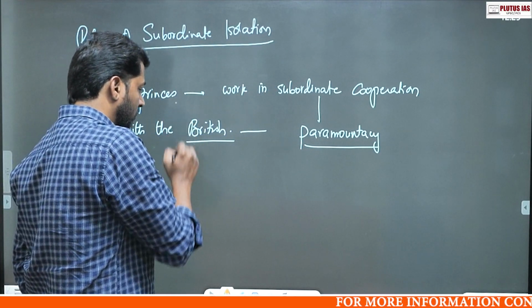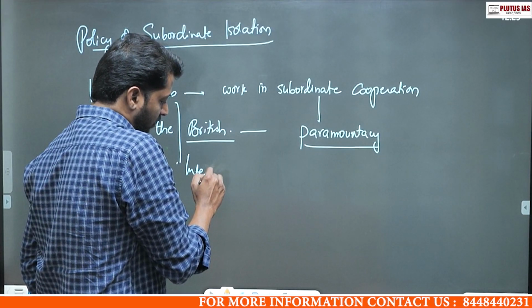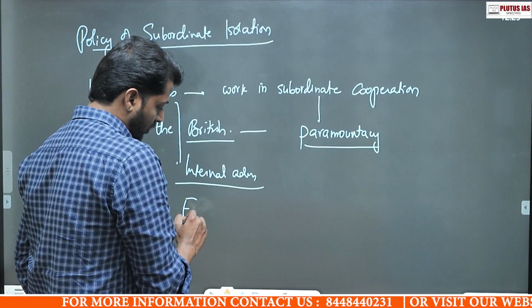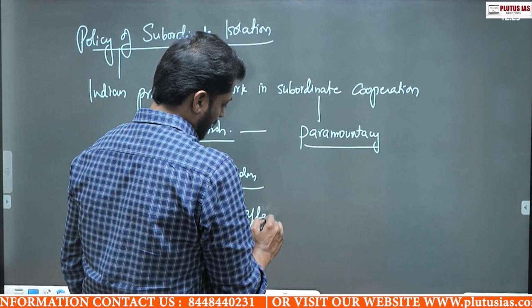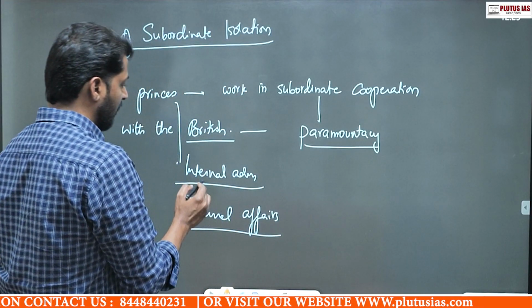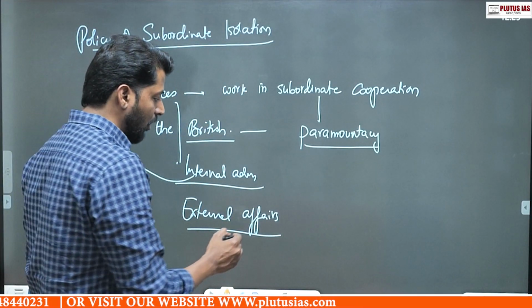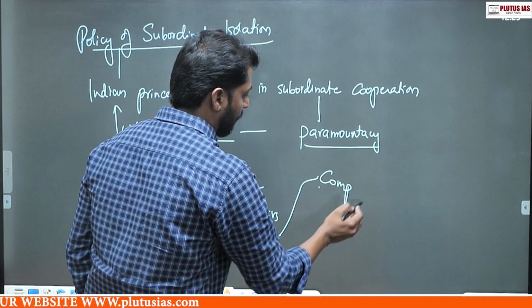What is this? Under this policy, these Indian princes will have control over internal administration, but they have to give up control over external affairs. So internal administration will be dealt with by Indian princes, but external affairs will be dealt with by the company.